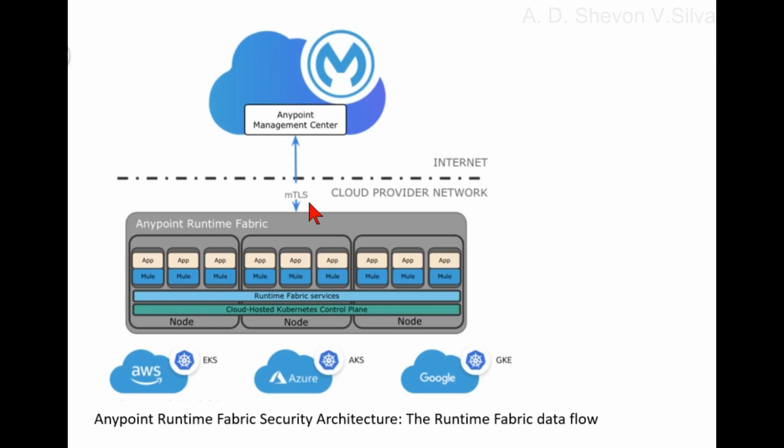Five, Runtime Fabric agent, Mule apps, and API gateway are separate processes. If the Runtime Fabric agent stops working and it loses connectivity with Anypoint Management Center, Mule apps and API gateways continue to operate.